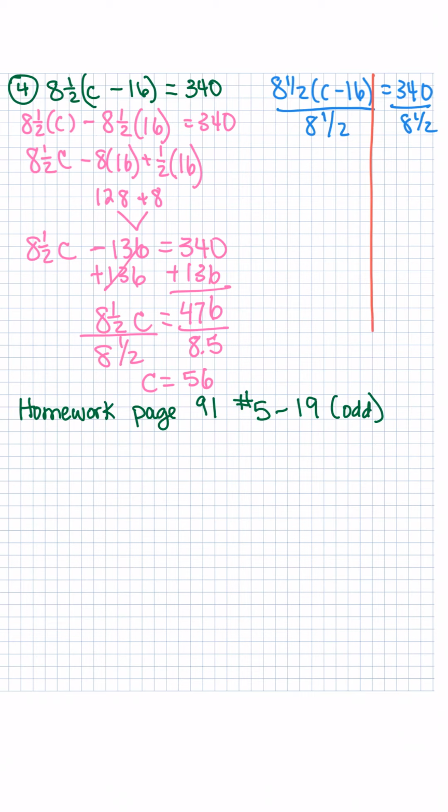If you are coming to class, you might see that I do that just to try to keep the sides separate, so that you know whatever you do to one side, you have to do to the other. So if you divide this, because it's being multiplied together by 8.5, it crosses it out on this side. And then if we turned the half into a decimal, so 2 divided into 1 is going to equal 0.5. And you have 340 divided by 8.5, that equals 40.